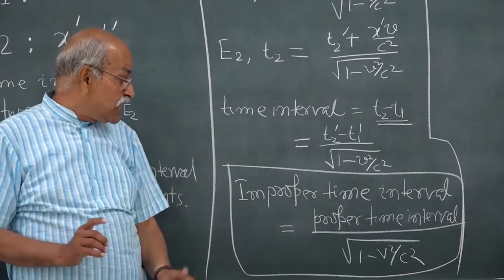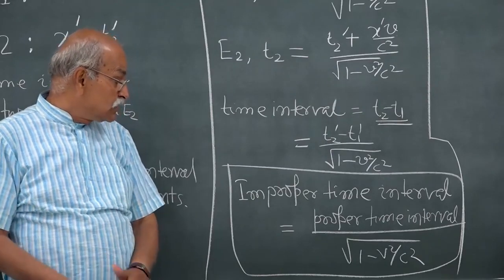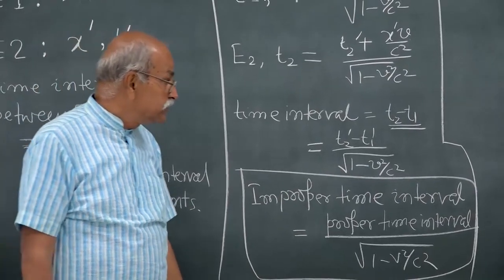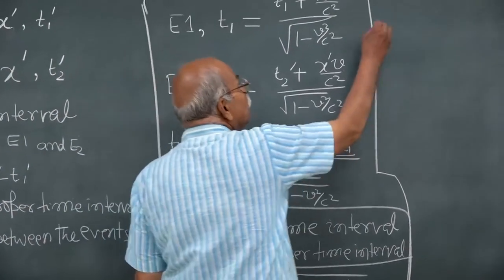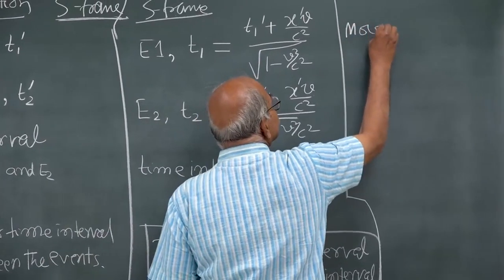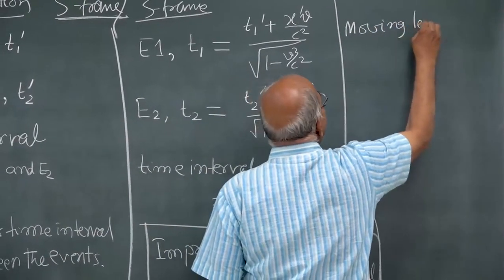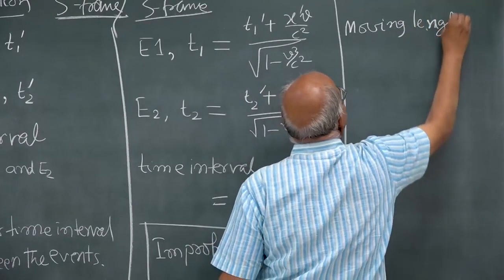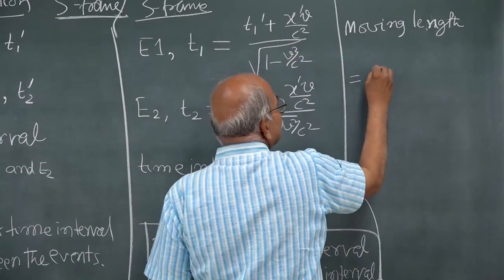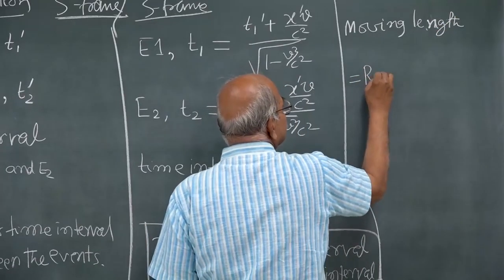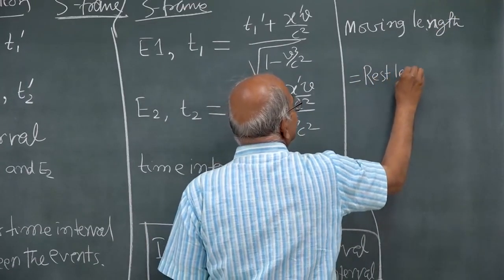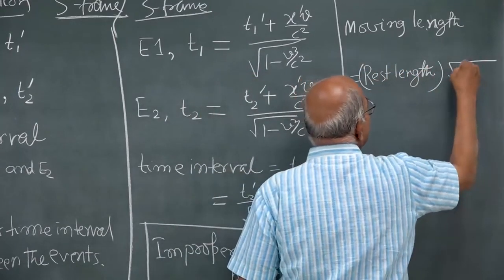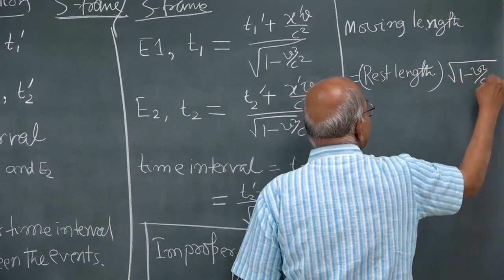So, we have derived two equations, one on time interval and the other on length, moving length. Moving length is equal to rest length multiplied by square root of 1 minus v square by c square.